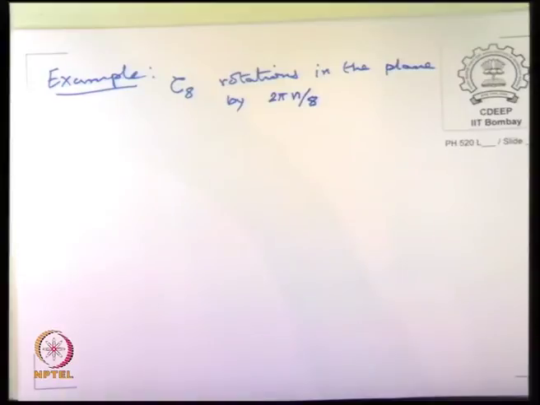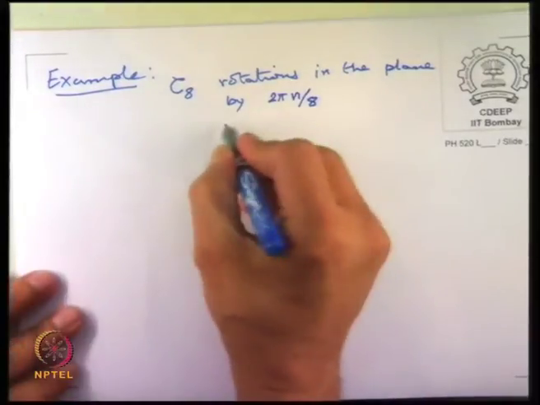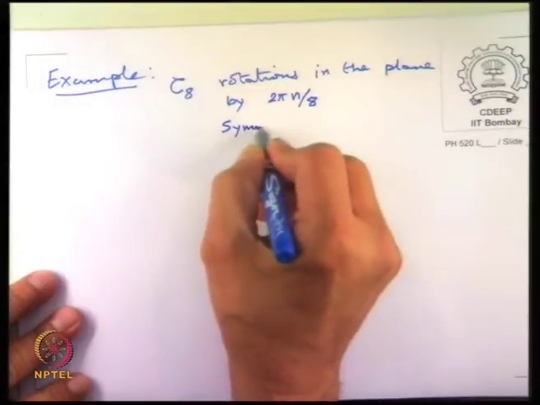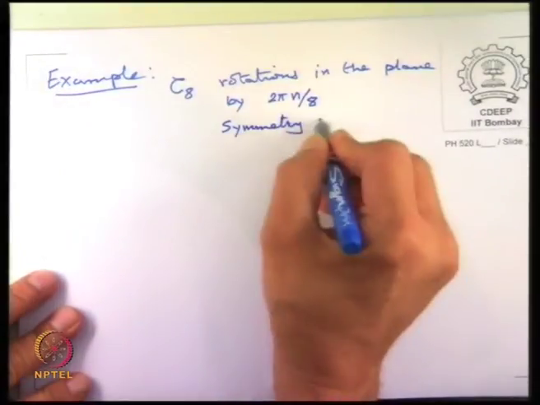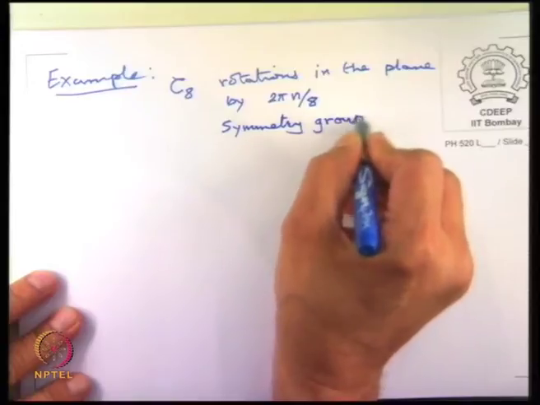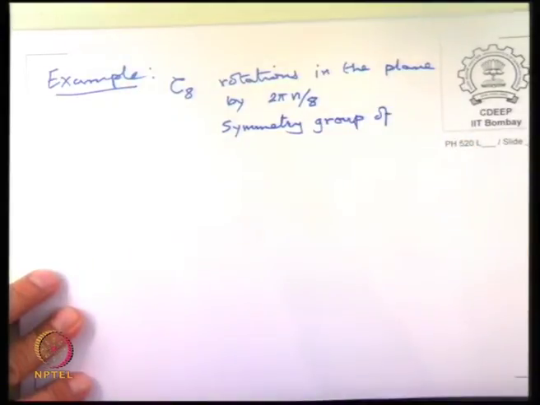Or in other words, have an octagon, the symmetry group of the octagon, but ignoring reflections and other things.